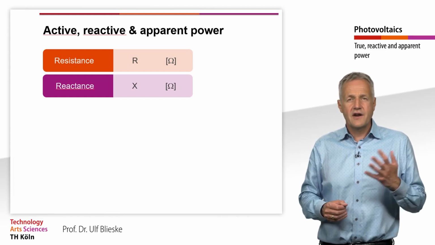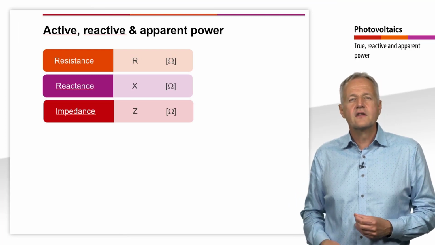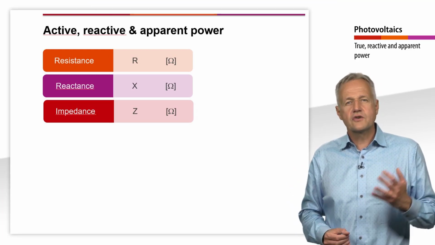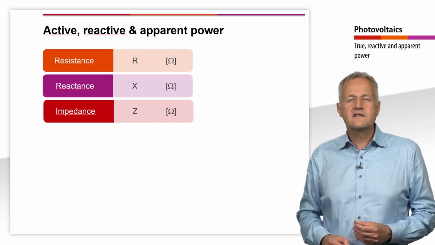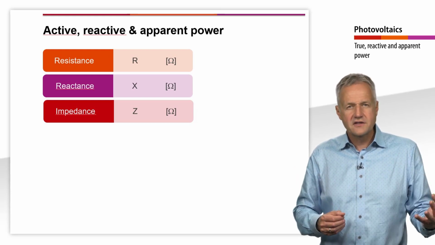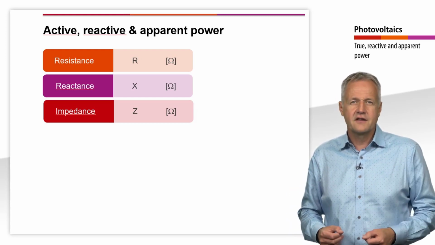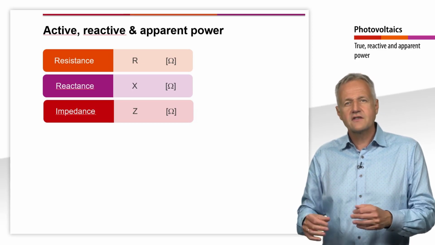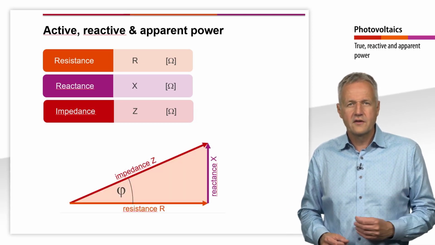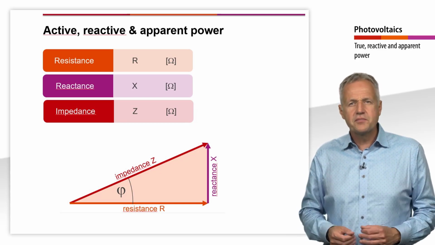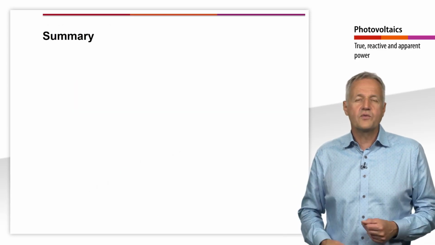It is given the letter X. Finally, the impedance is the total opposition to current flow in an AC circuit. It contains the resistance and the reactance and is abbreviated with the letter Z. Resistance, reactance and impedance are all measured in units of ohms. The relationship between them results from a triangle, just as with the powers.